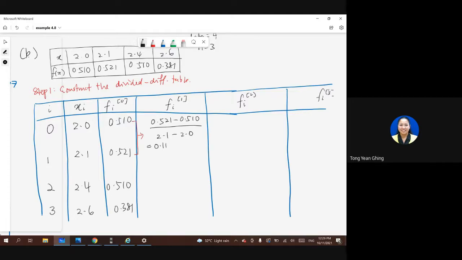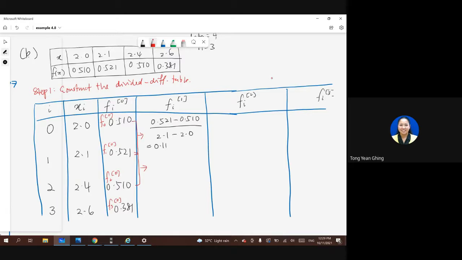Okay, and then continue. Consider these two. Okay, I wrote this one, I forgot: F0, F1, F2, F3.